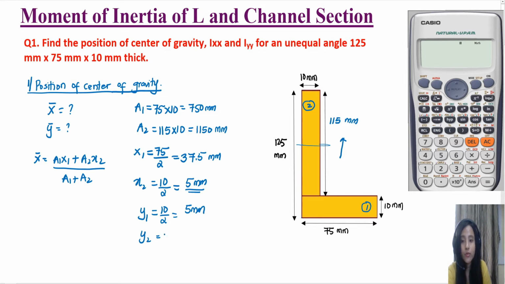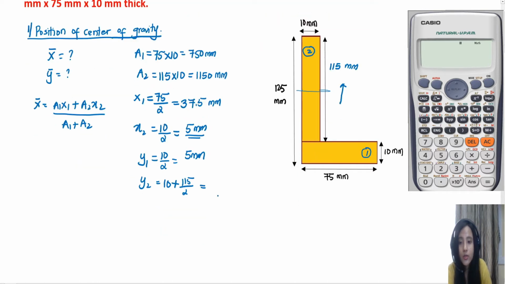So it will be equal to 10 plus 115 by 2. If I calculate this, 2 fives are 10, 2 sevens are 14, so it is 57.5 plus 10 will be 67.5 mm. So we got x1, x2, y1 and y2.